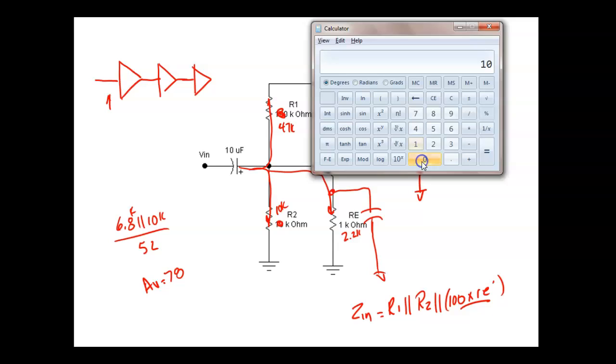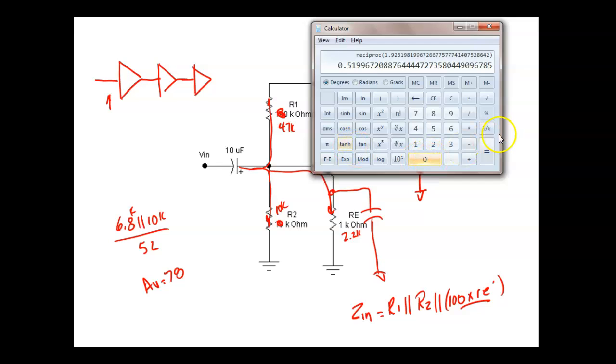So it'd be 100 times what? 52. I'm going to take the reciprocal of that plus 47,000, take the reciprocal of that plus 10,000, take the reciprocal of that.